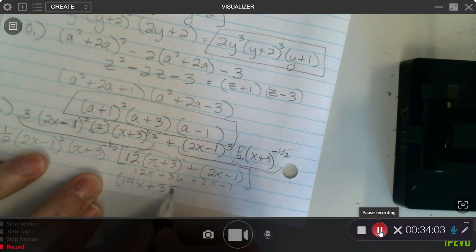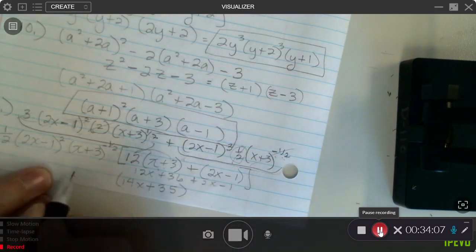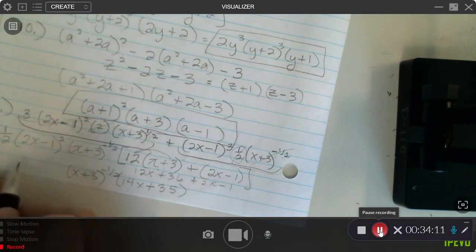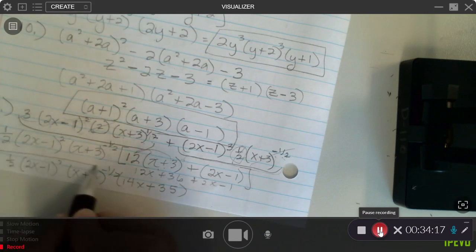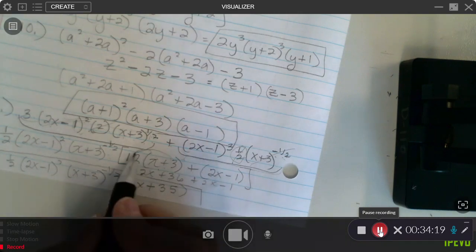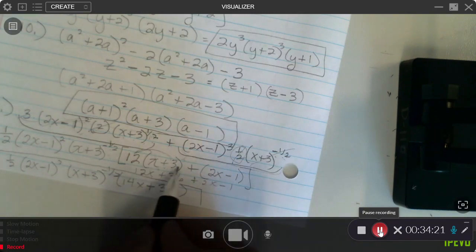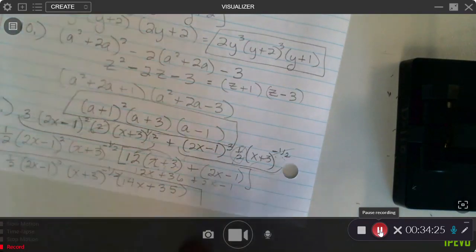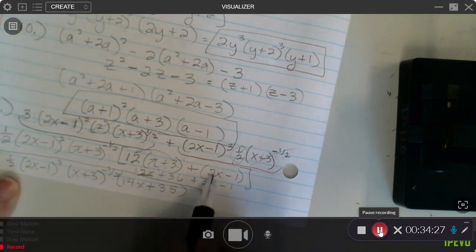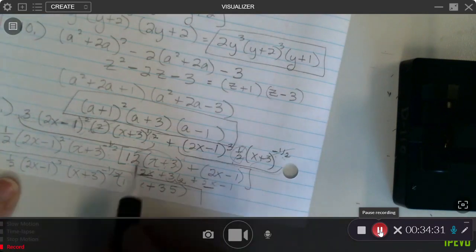Everybody agree with that? And then x plus 3 to the negative 1/2. I distributed 12 times x plus 3. 12 times 3, 12 times x. And then where's the 14? 12x plus 2x. Just like terms in this big thingy.